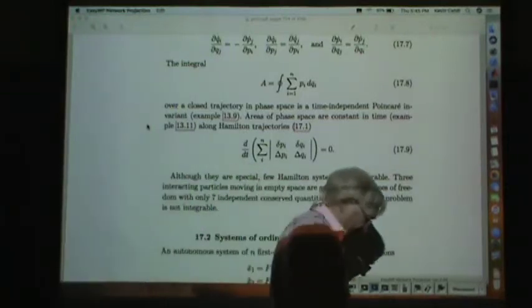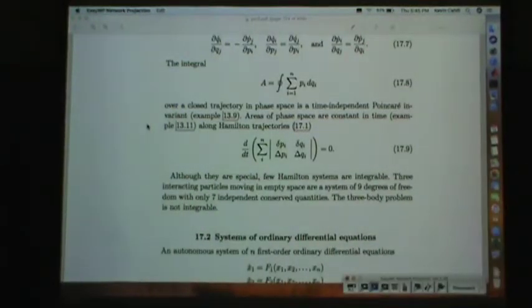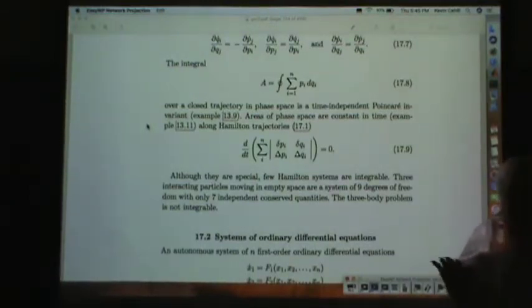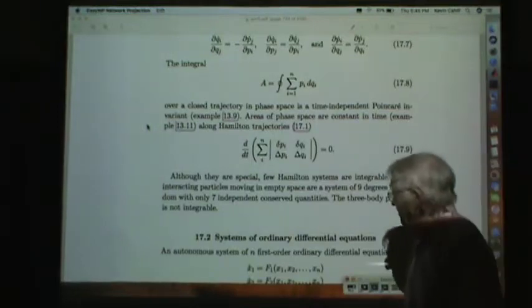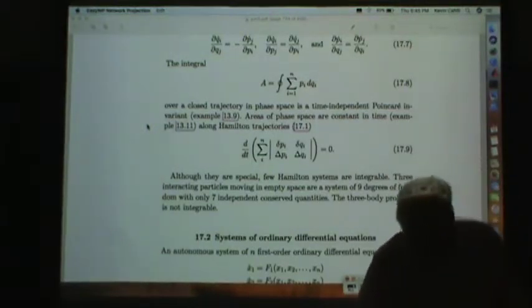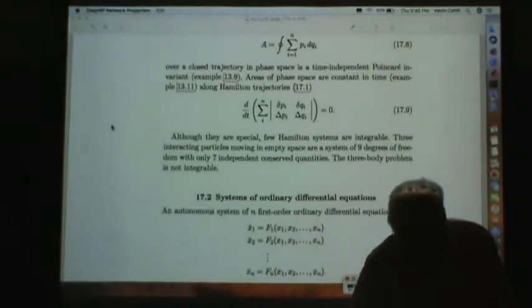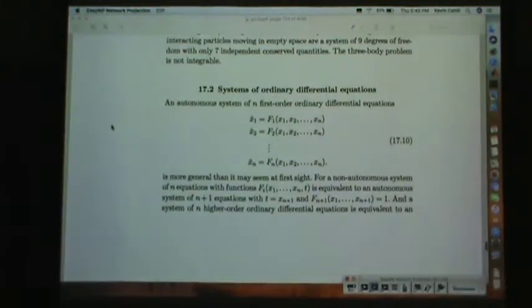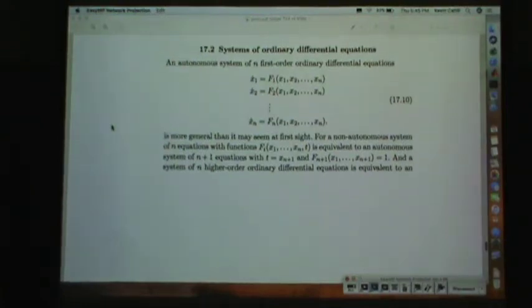This is called the three-body problem, and it is non-integrable. As far as I know, nobody's solved the three-body problem. I haven't worked in the field, but it's one of the many embarrassing things in physics that we don't mention very often.